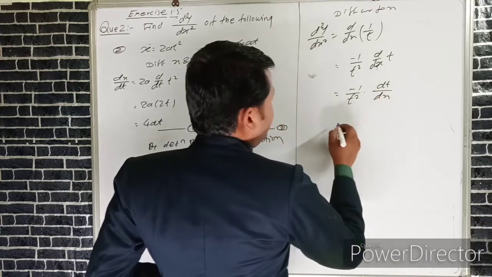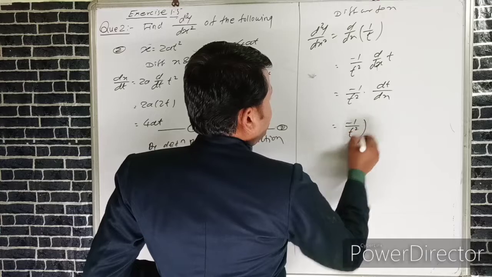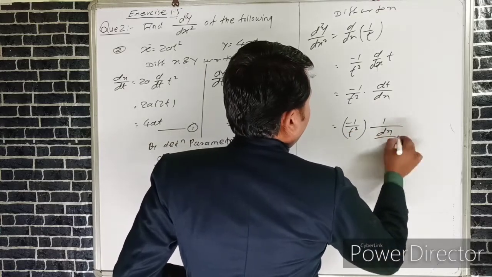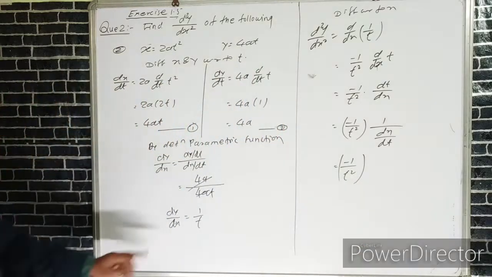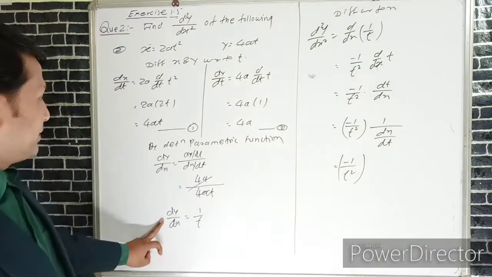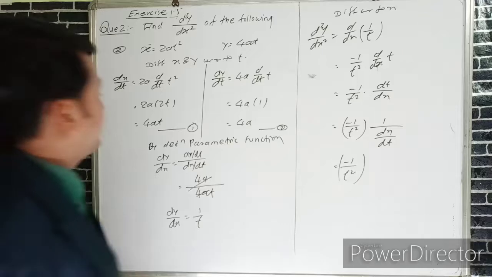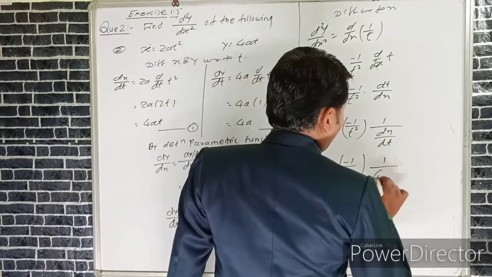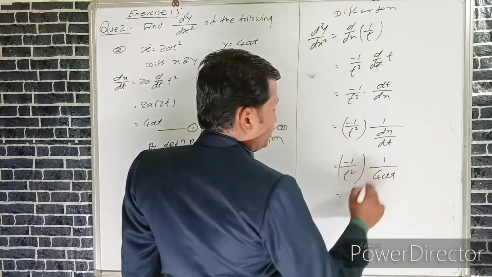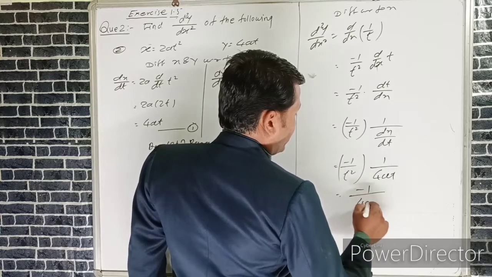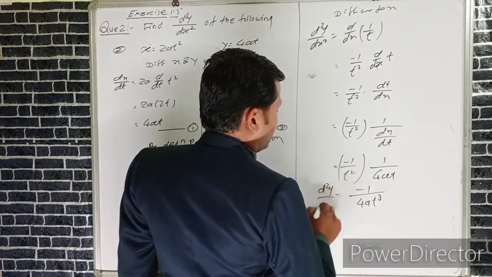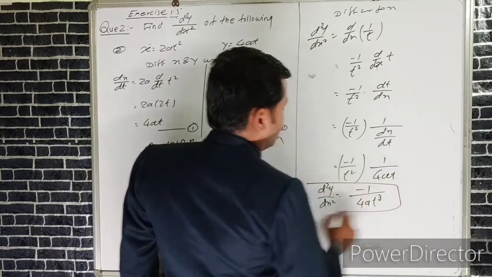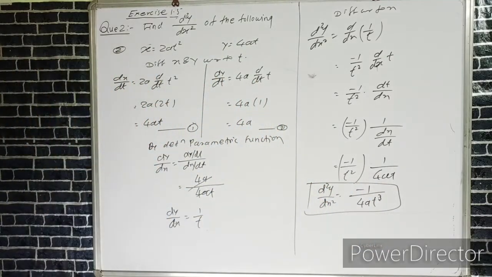We can write this dt by dx as 1 upon dx by dt, and the value of dx upon dt is 4at. So we can write 1 upon 4at, minus 1 into 1, which is minus 1 upon 4a t square into t, that is minus 1 upon 4a t cube, which is the required higher order derivative d2y upon dx square.